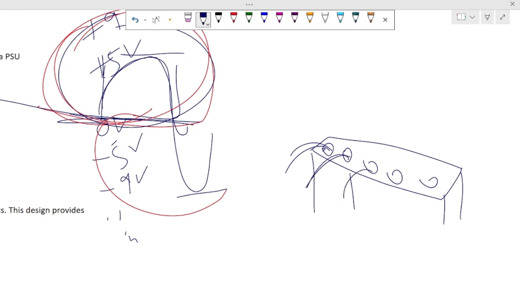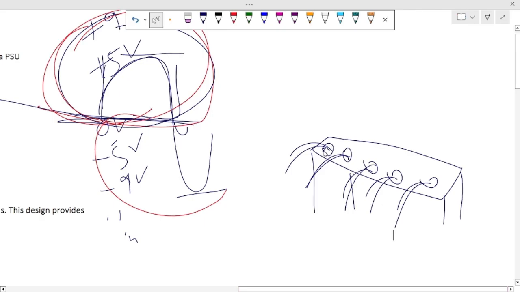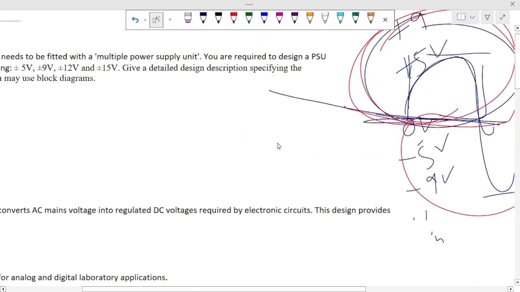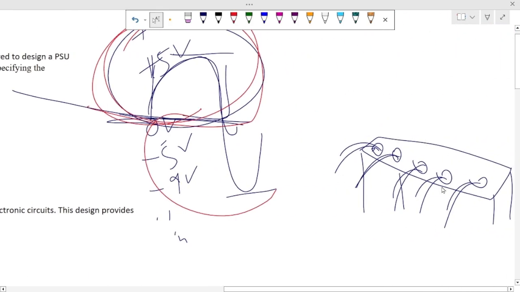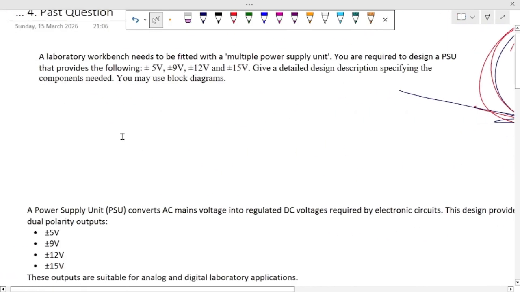These are power outputs, and each of the power outlets has a different voltage coming out of it. 5, 9, 12, 15, positive and negative, just like that. So how do we design this power supply unit? How do we design that?